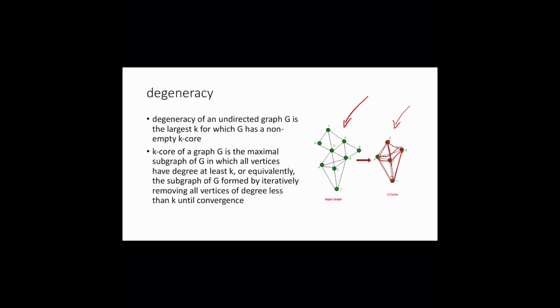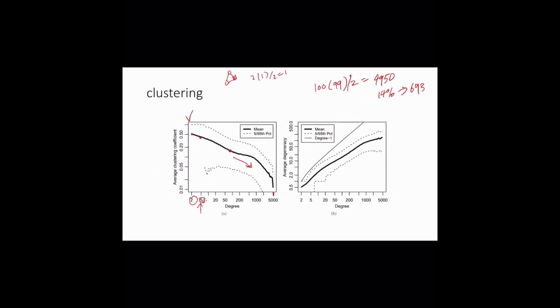So I think we can take that to mean that the graph will have densely connected parts within it. So according to the authors, the degeneracy values seen here are quite high. So the Facebook graph's neighborhoods are very dense based on these degeneracy values.